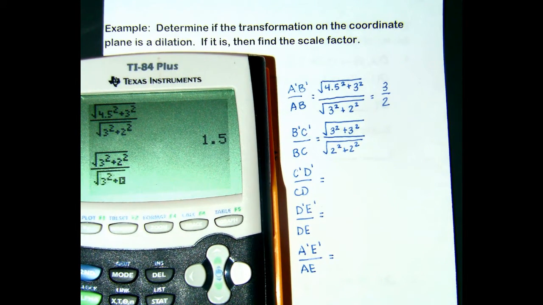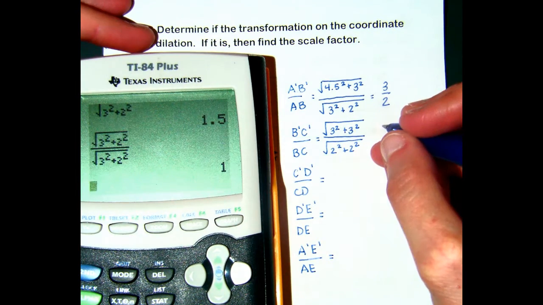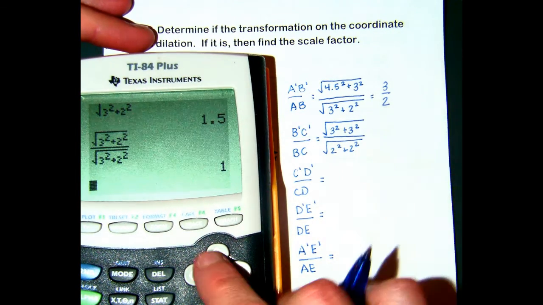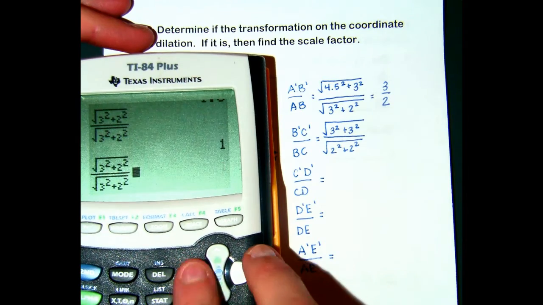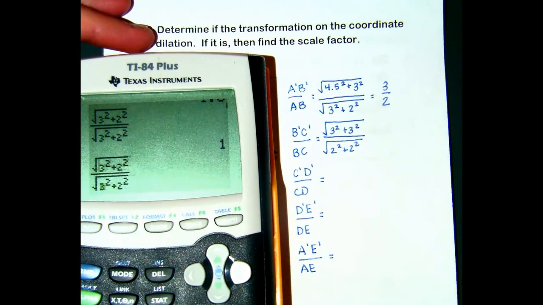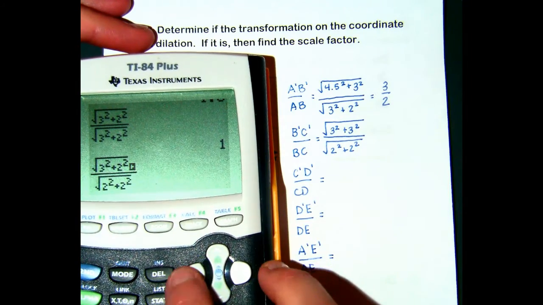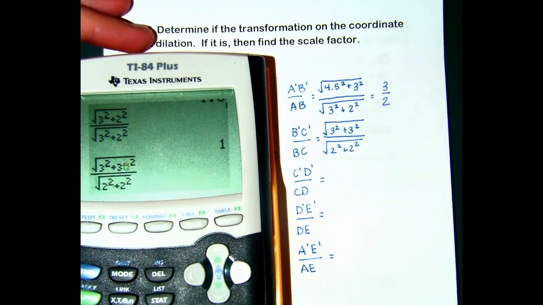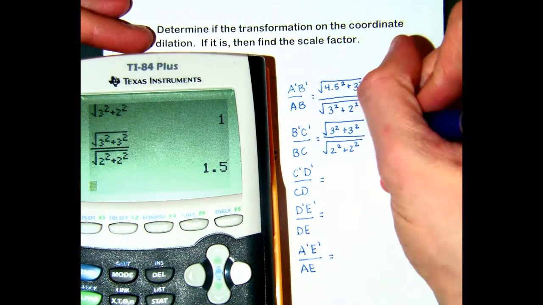Squared plus 2 squared. You know what? I put the wrong thing. Let's move over and put 2s instead of 3s and a 3 instead of 2. There we go, 1.5, so it's also 3 halves.